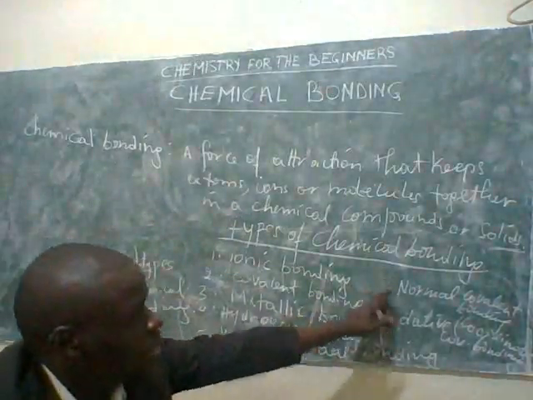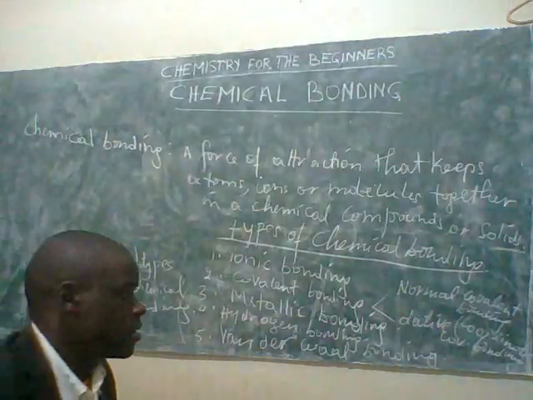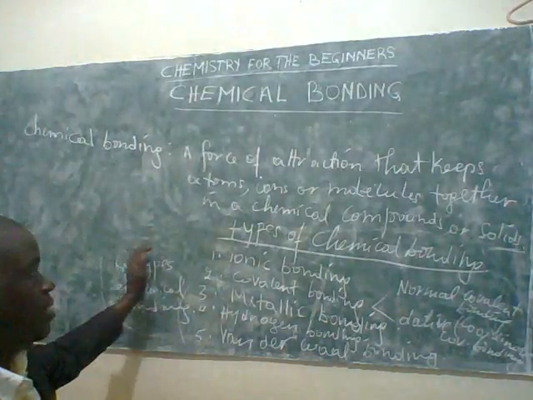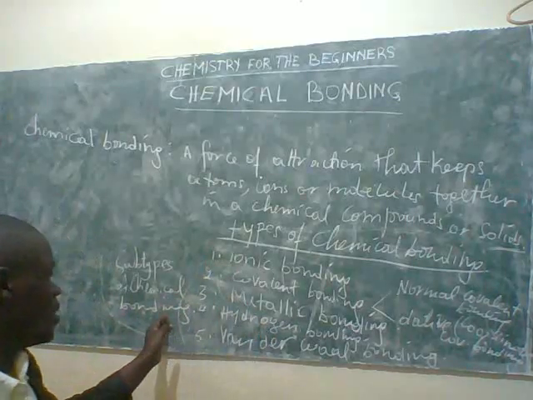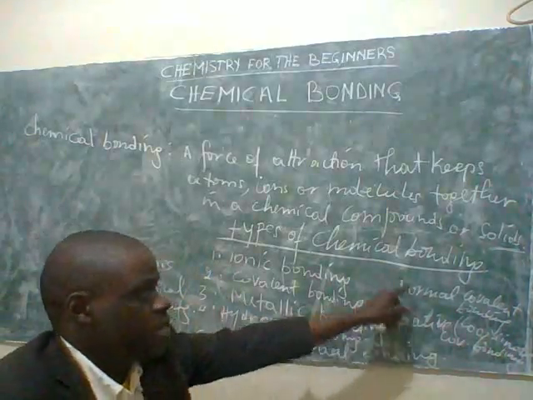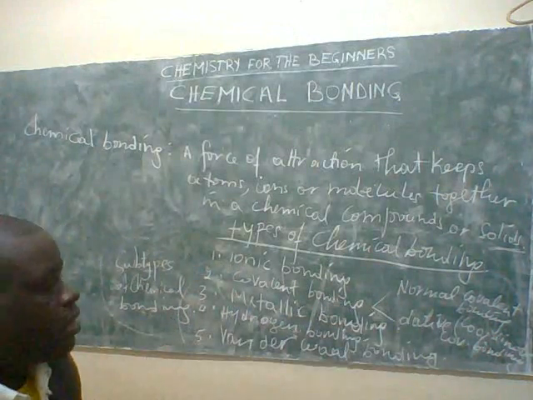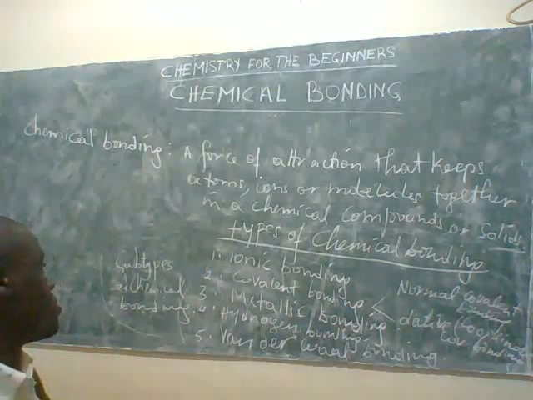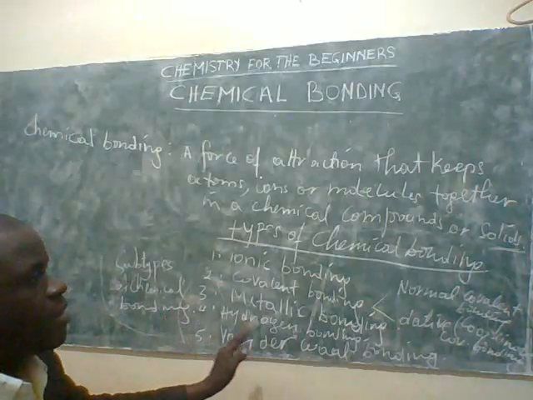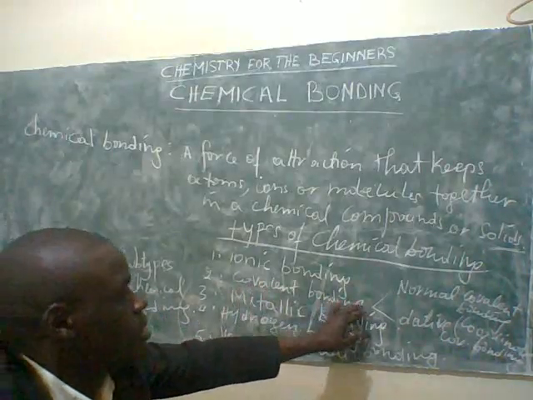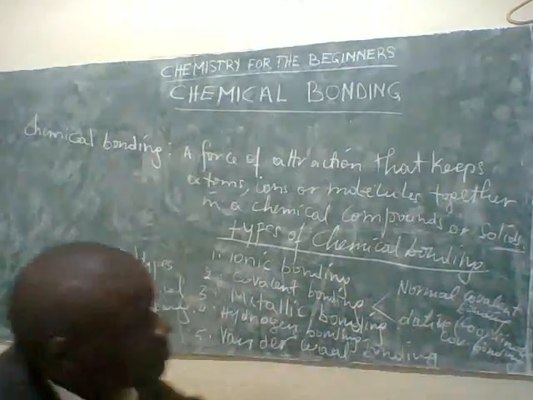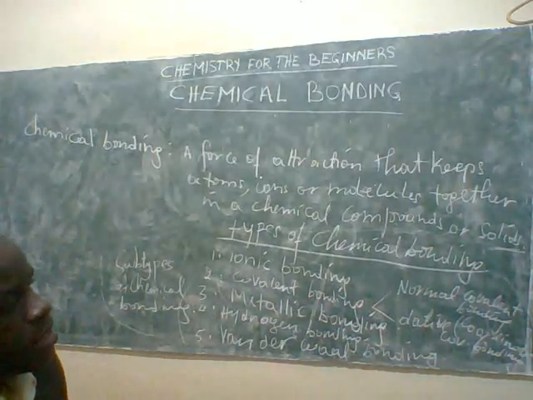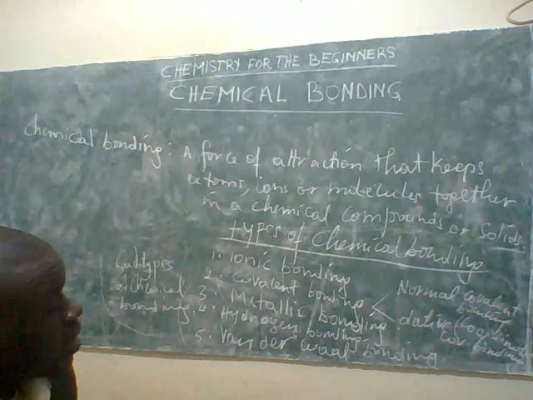Here we cannot say there are subtypes as we can in ionic bond or metallic bond, because these are more than subtypes; they are the types of covalent bonding. There is normal and the dative or coordinate covalent bonding.